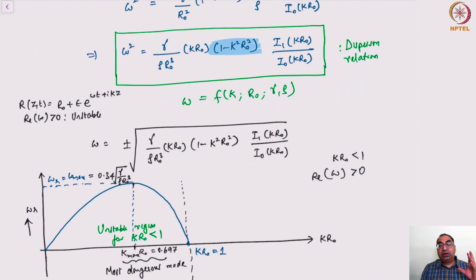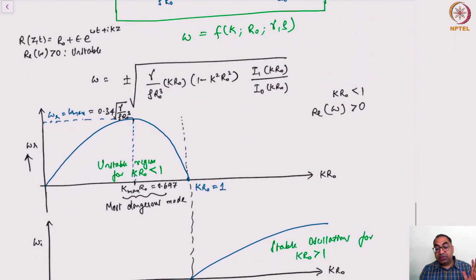This is a crucial term, 1 minus k square r0 square, because all the other terms in the dispersion relation are positive, and this term will determine what will happen to this entire right hand side. And remember, on the left hand side, because it's a square root dependence, this term will determine whether I'm going to get real solutions or imaginary solutions. If I get real solutions, I should always get complex conjugate solutions. And for me, that is enough to note that I have a positive growth rate.